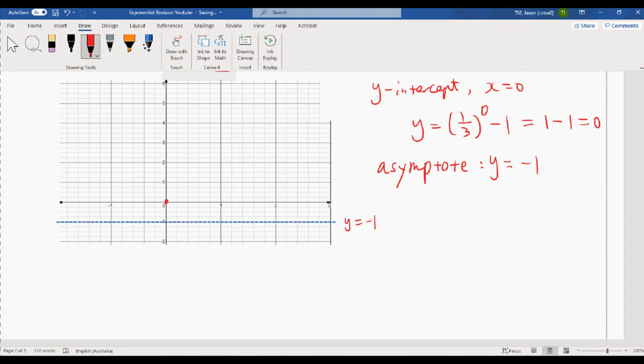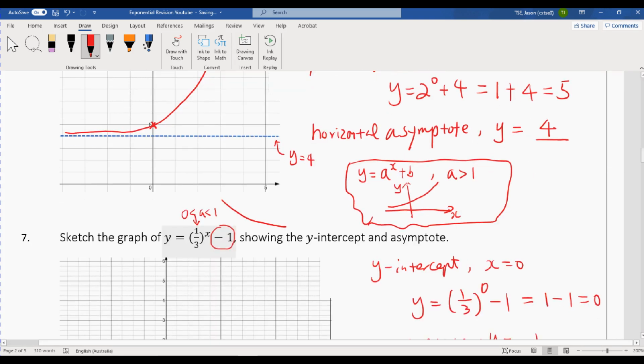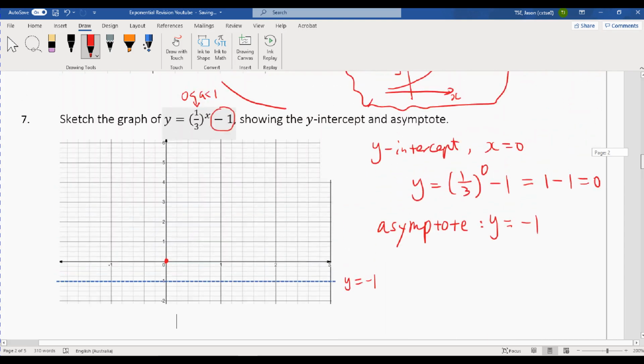So here is the y-intercept. You need to pass through this point and approach y equals -1. From which side? Because now the base of the exponential function is 1/3, which is less than 1, so this should be a declining graph, declining from left to right. So we will expect to see something like this.